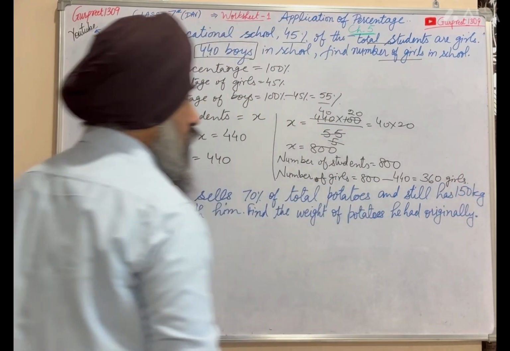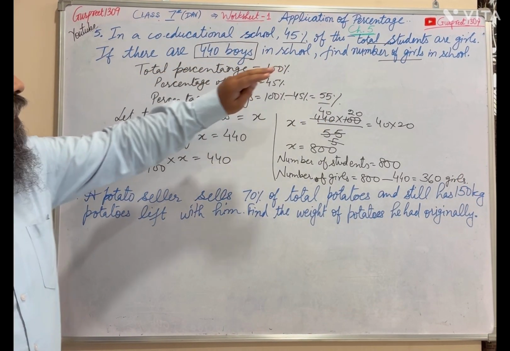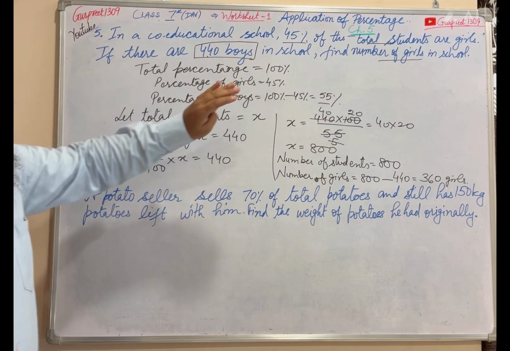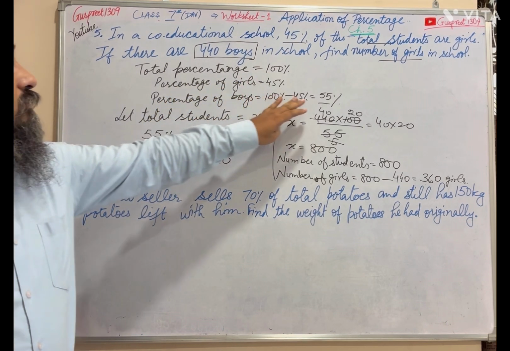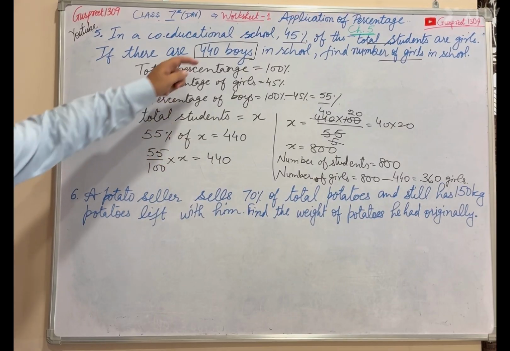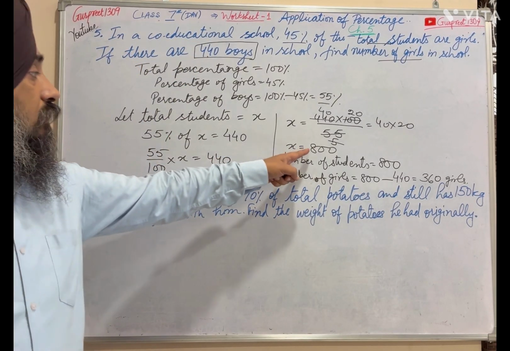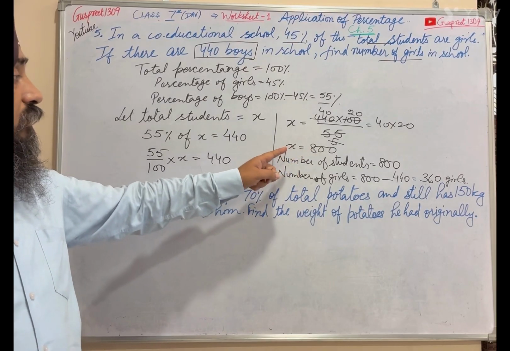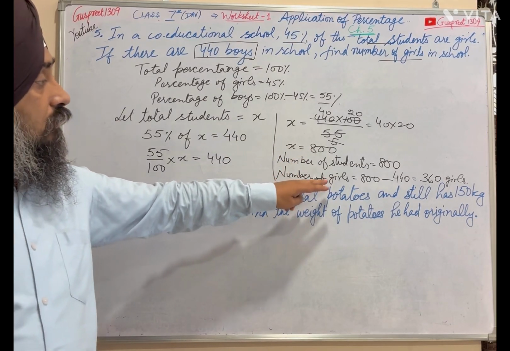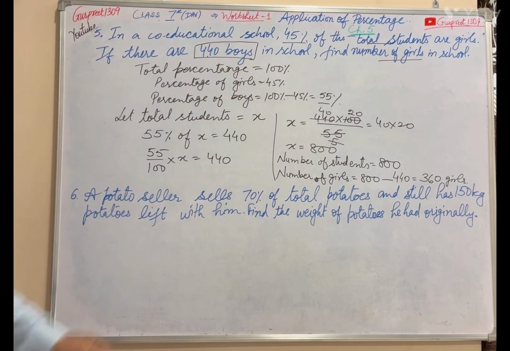So these are the girls we have. Right, so in this way, total percentage we take as 100%, girls are 45%, boys are 55%, total students x, and 55% of x is given as 440. So we get the total students, and from the total students minus the number of boys we get the number of girls.